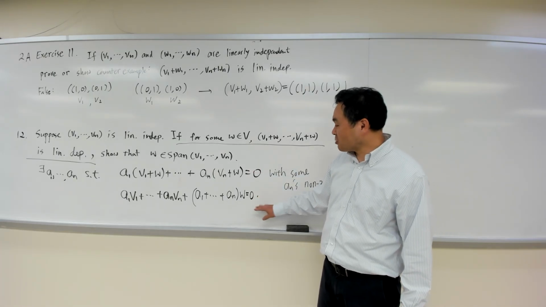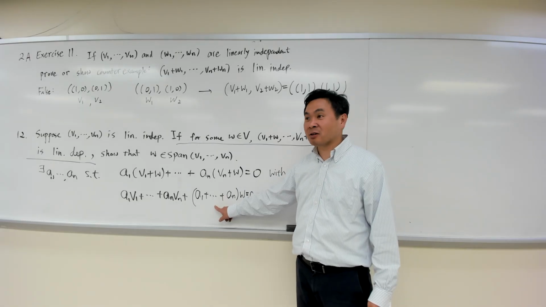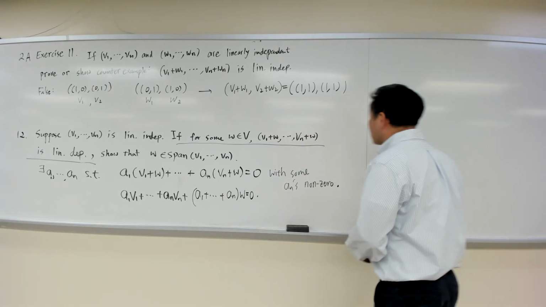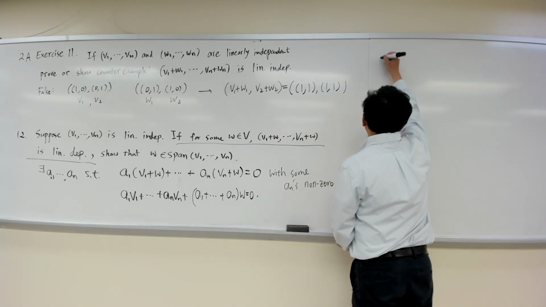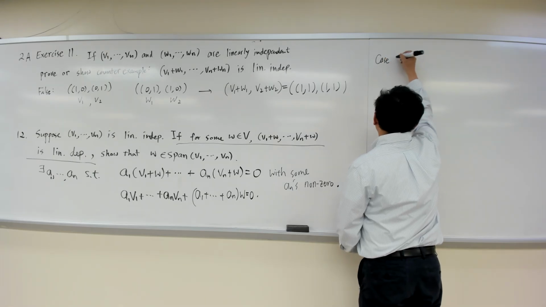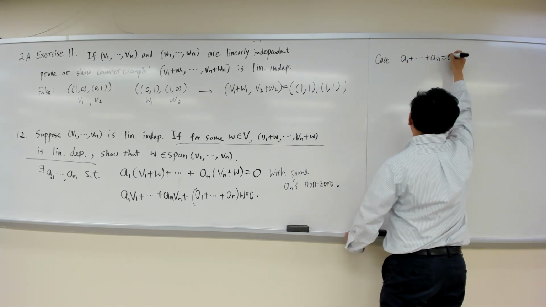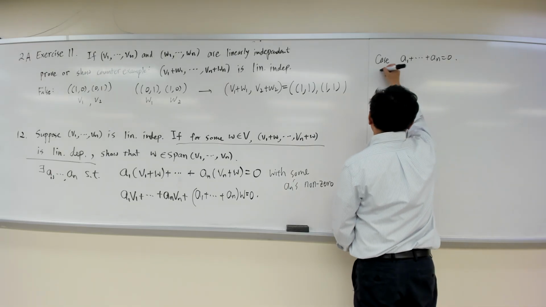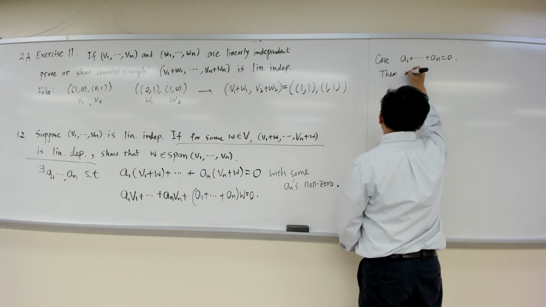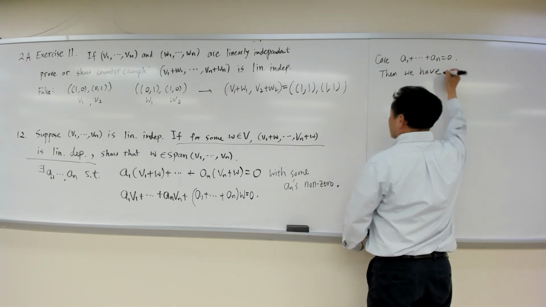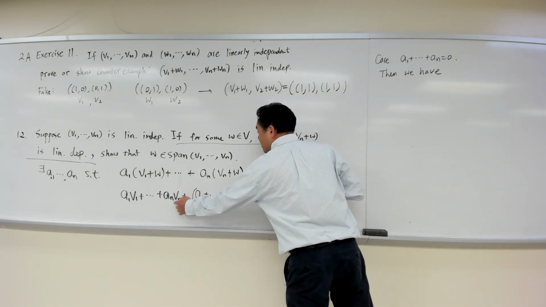However, the only thing is, what if you divide by 0? That's not allowed, right? So that has to be handled separately. So the case when A1 plus through AN equals 0, okay? Then if this is 0, then this is simply 0, right?